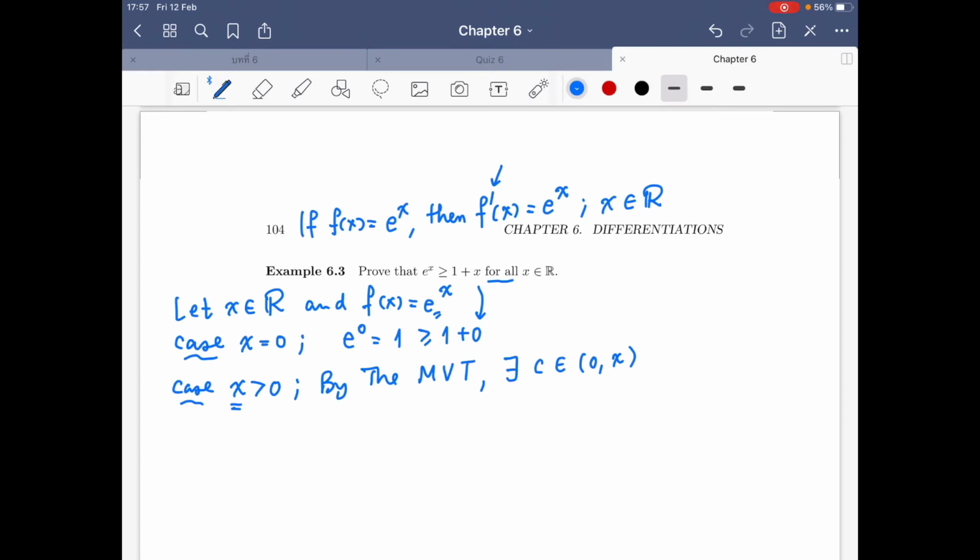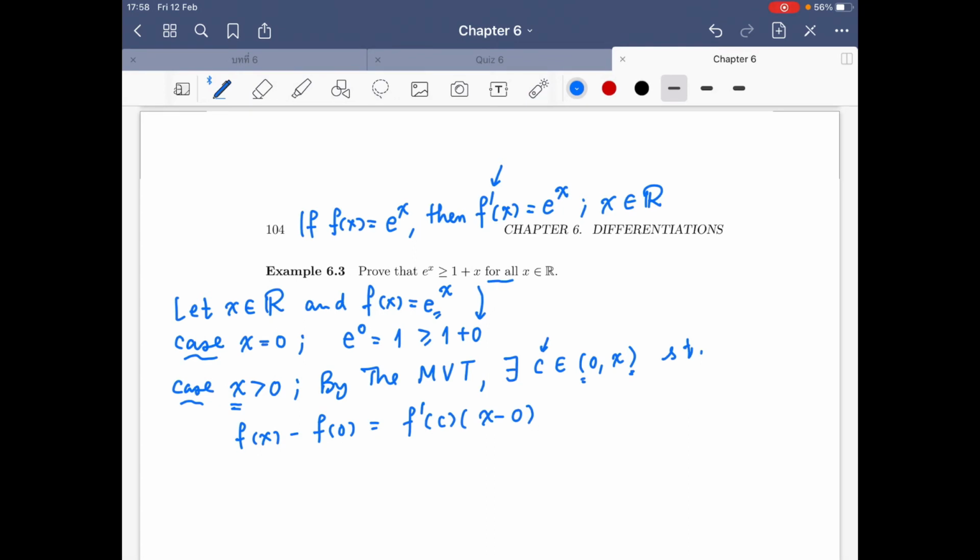So we can find this c in this open interval such that f of x minus f at 0 equals f prime at c multiplied by x minus 0.